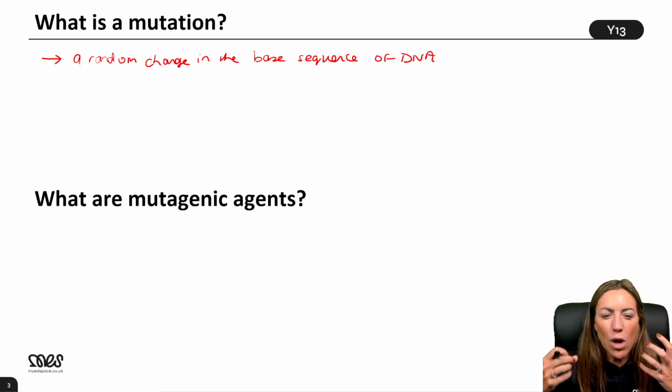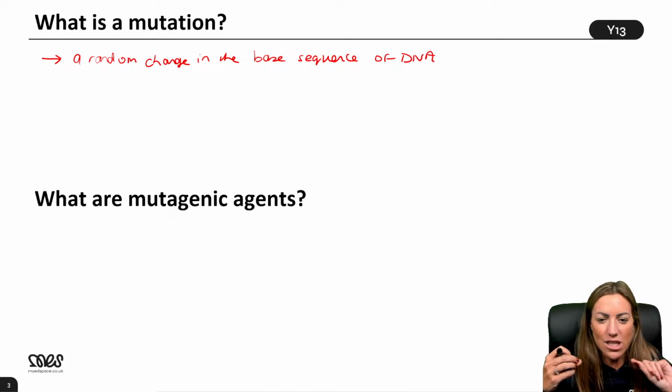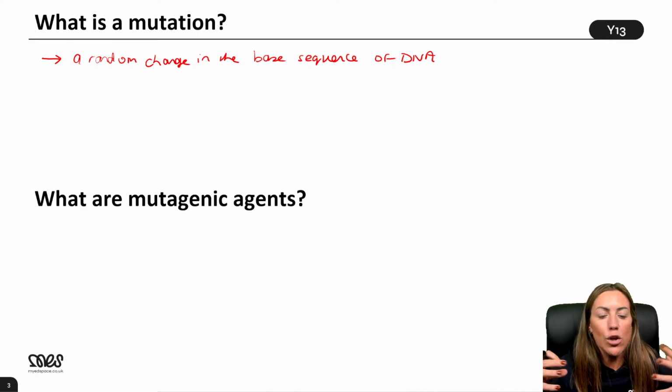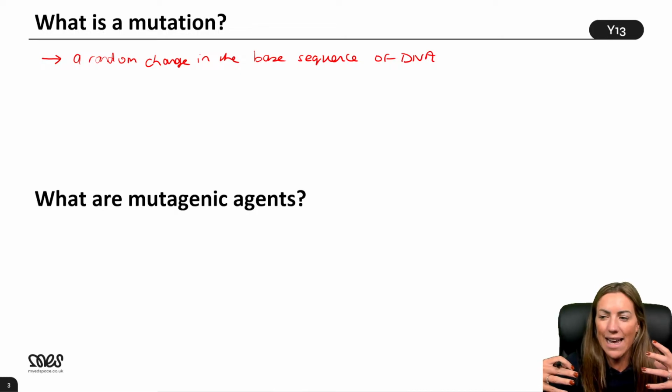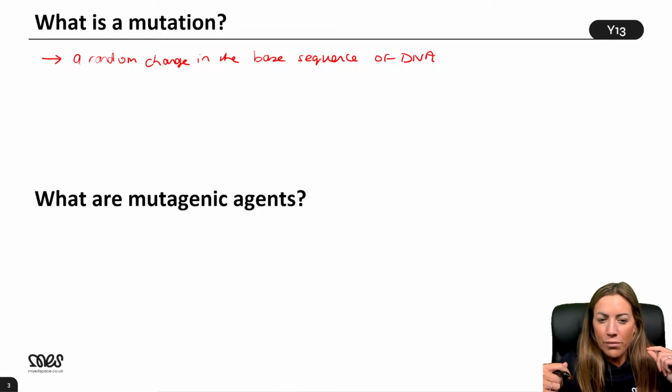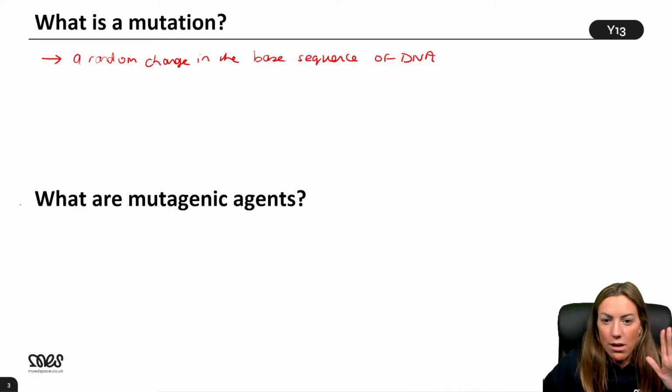Okay, does anyone know any examples of mutagenic agents then? Anything that if you expose yourself to it, or if it's present in your environment, is going to increase the likelihood of a mutation occurring in the DNA. Good. So lots of you talking about radiation.